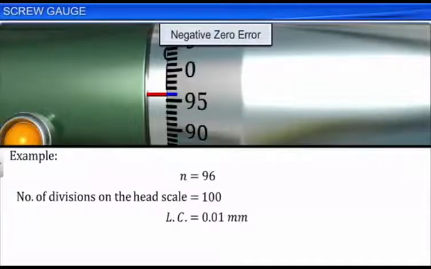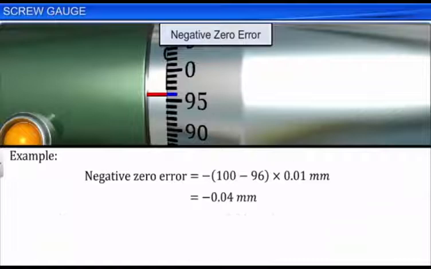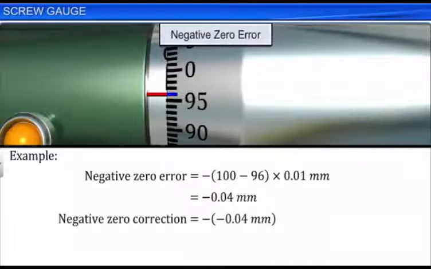Then, the negative zero error is equal to minus of (100 minus 96) into 0.01 mm, which is equal to minus 0.04 mm. Then, the negative zero correction is equal to minus of minus 0.04 mm, which is equal to 0.04 mm.